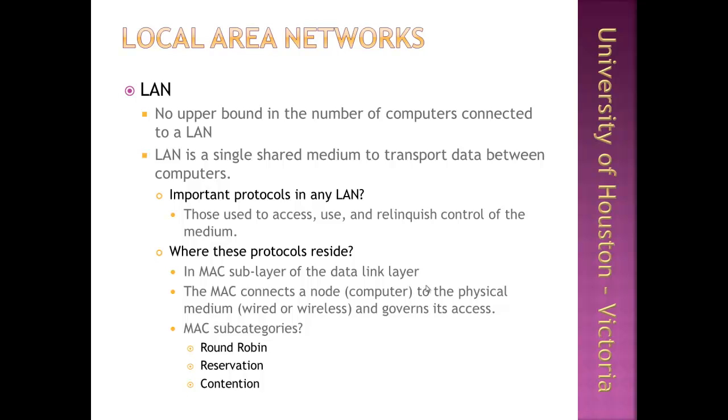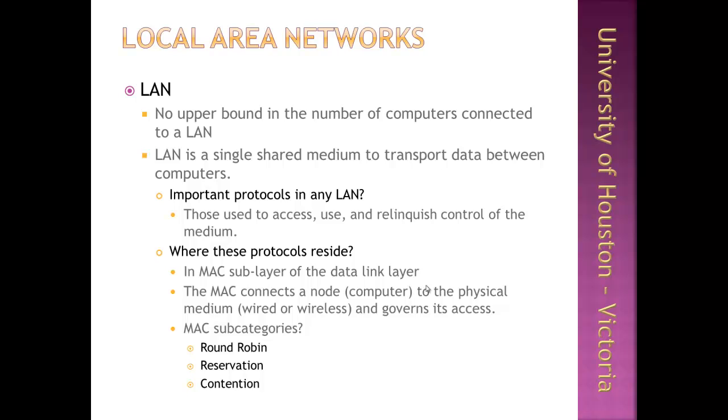These protocols typically reside in the medium access control layer, or sub-layer, of the data link layer in the OSI architecture. The data link layer is logically divided into the two sub-layers that we talked about earlier, the medium access control and the logical link control. The MAC, or medium access control, is the lower sub-layer and is responsible for assembling frames of data at the source and disassembling them at the destination.